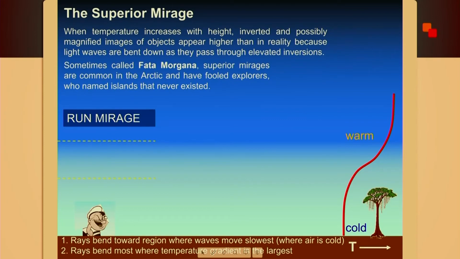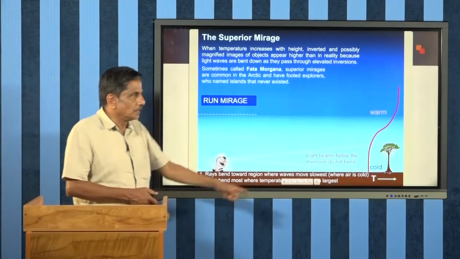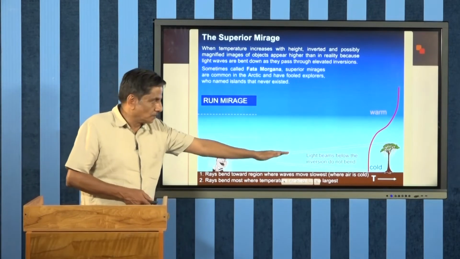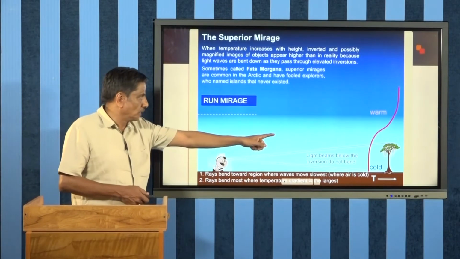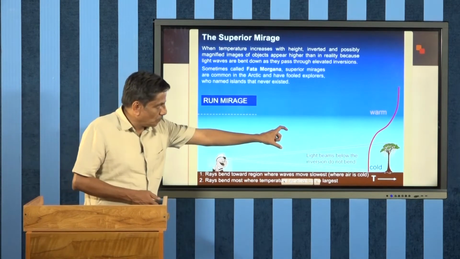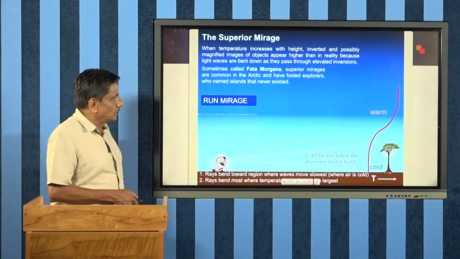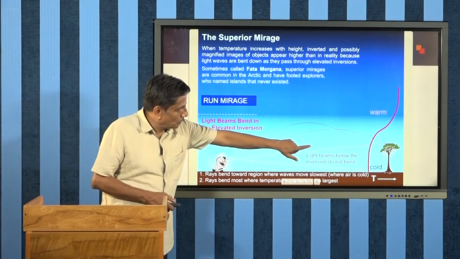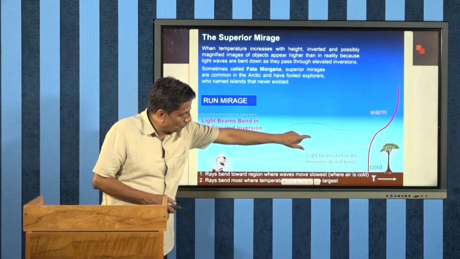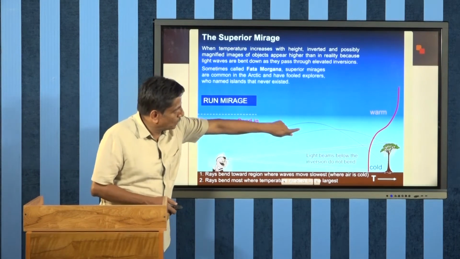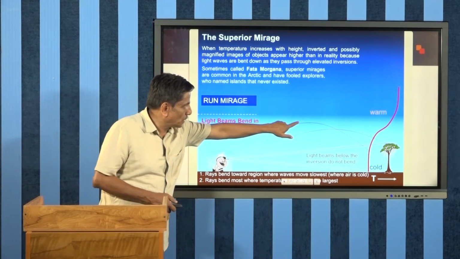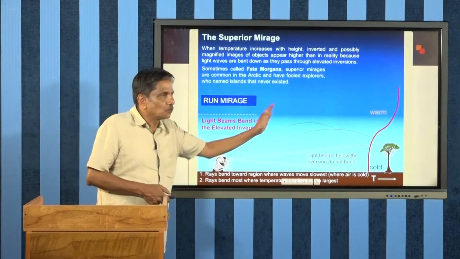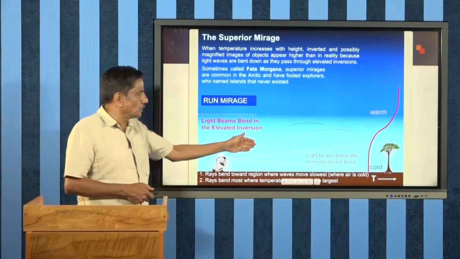So, here what happens is, if we have an object, say a tree, in a cold condition on the ground, then when light is coming from there, it comes straight. But if the ray is coming from the bottom and the top of the tree, when it goes through the upper layers of the atmosphere, it has to bend, because there is a temperature inversion.